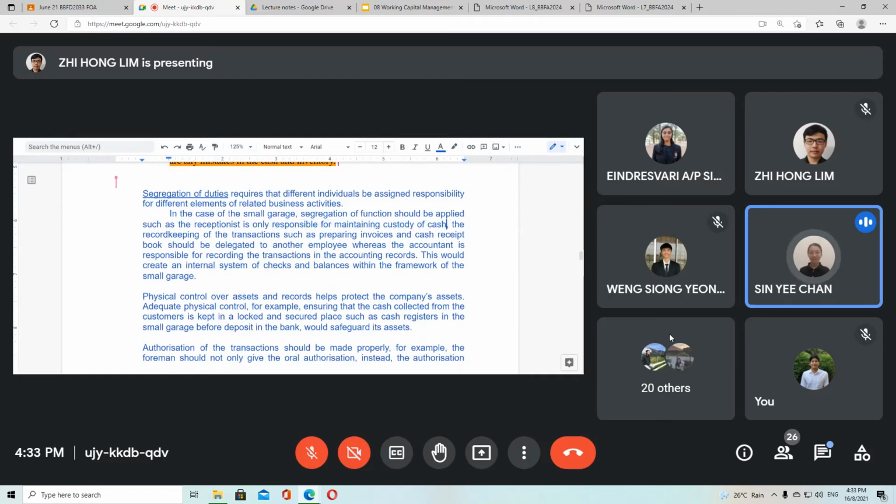The record keeping of the transactions, such as preparing invoices and the charge receipt book, should be delegated to another employee, whereas the accountant is responsible for recording the transaction in the accounting records. It would create an internal system of check and balance within the framework of the small garage.